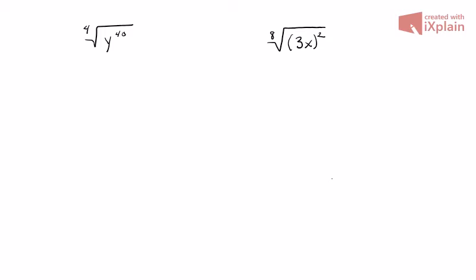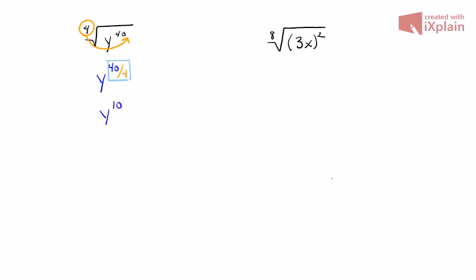For my first one, I note that I have a 4th root, so I'm going to send that to its denominator. That gives me y raised to the 40th divided by 4. Again, note we have 40 divided by 4. I can simplify that. That becomes y to the 10th.